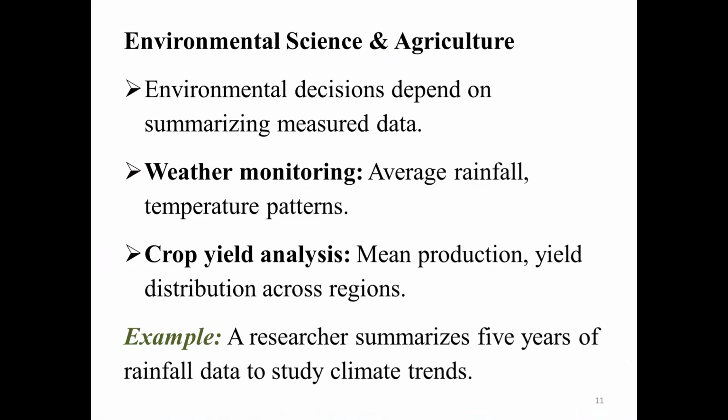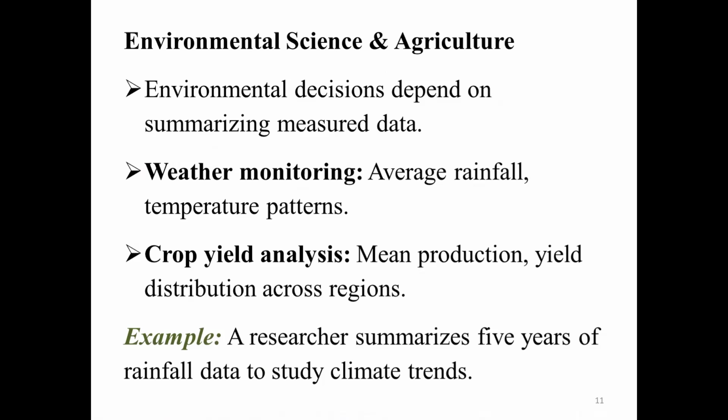For instance, in weather monitoring, things like average rainfall, temperature pattern, humidity, cloud cover, and so many other things require collecting large data sets to be able to predict. Descriptive statistics helps to analyze these large data sets to bring out an informed result.